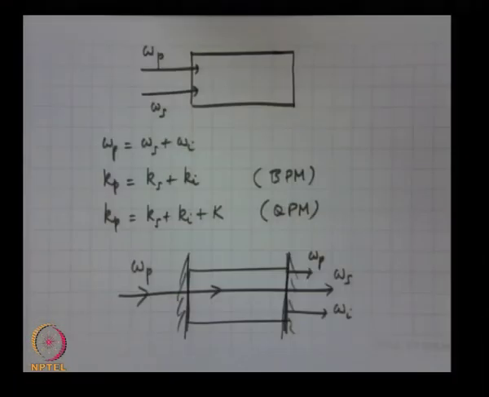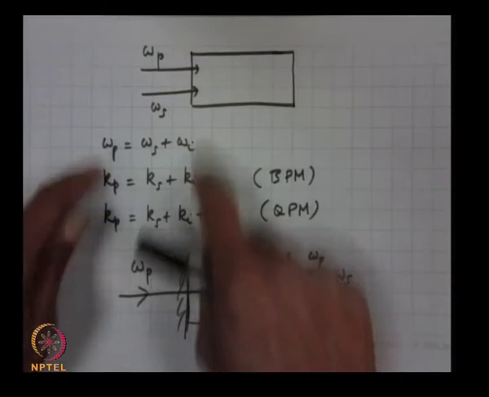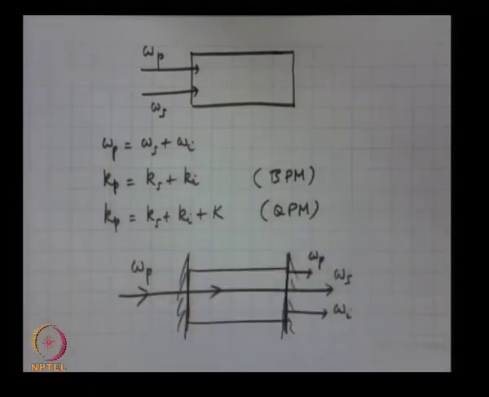Once I fix the crystal direction, there is one pair omega s, omega i which exactly satisfies the condition delta k equal to 0, so I get maximum gain. If omega s is slightly different from this number, delta k is not equal to 0, but there is still gain. Remember we had obtained a condition: until g square is greater than delta k square by 4, I have gain.